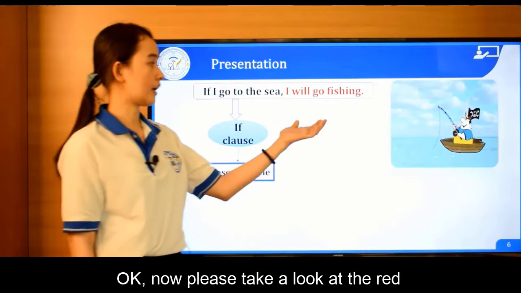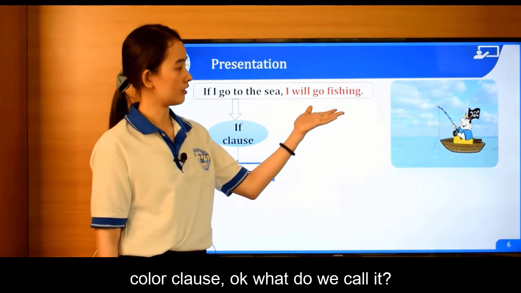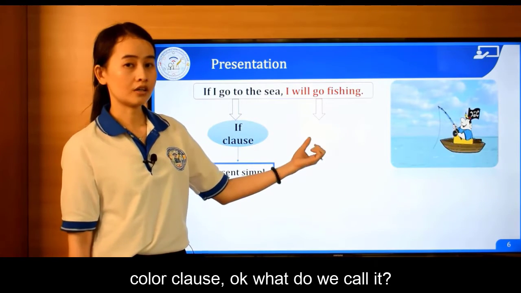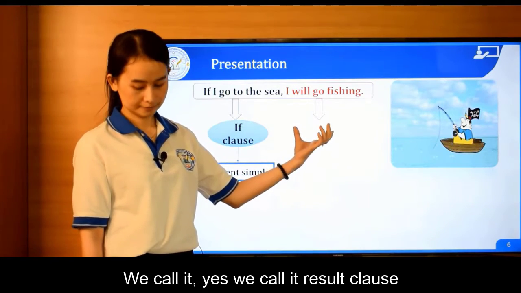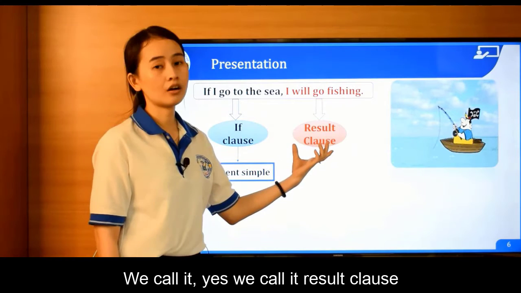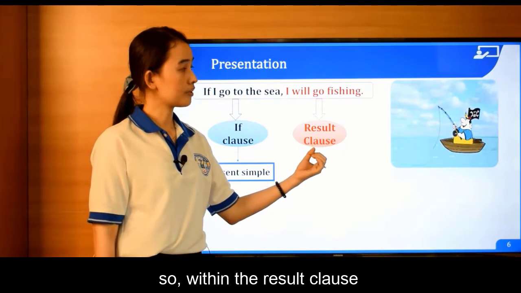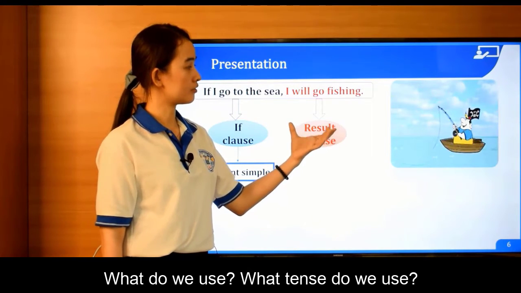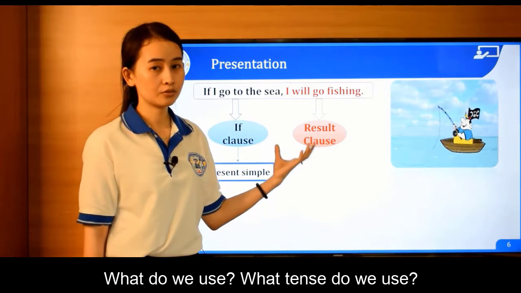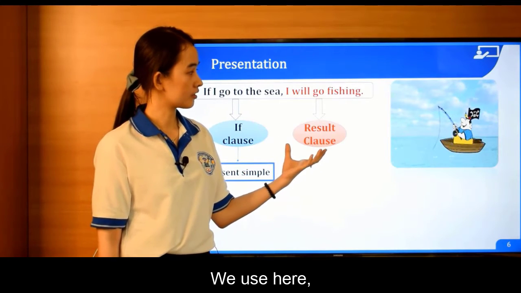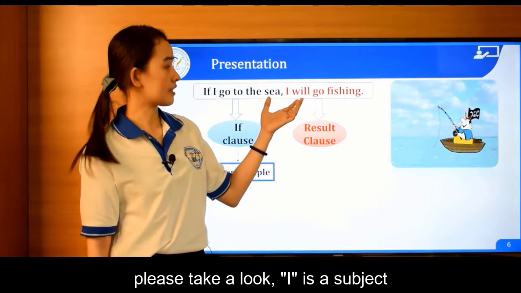Okay, so now please take a look at the red color clause. Okay, so what do we call it? We call it, yes, we call it result clause. So within the result clause, what tense do we use? Here, please take a look.